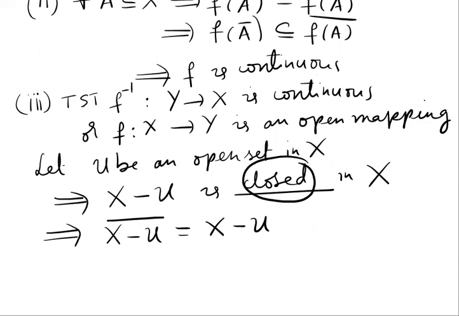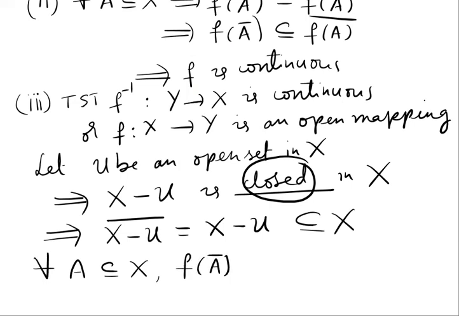Right? Now, this X minus U is a subset of X. Correct? What have they given? For all subsets A of X, they have given F of A bar is equal to F of A whole bar. They have given it is equal to.